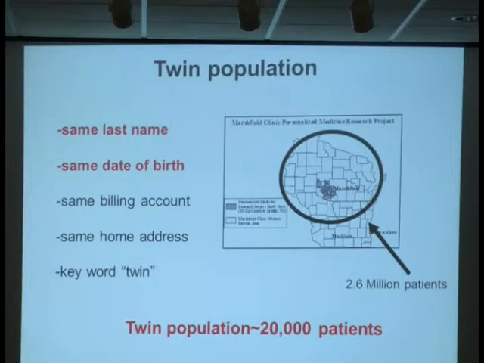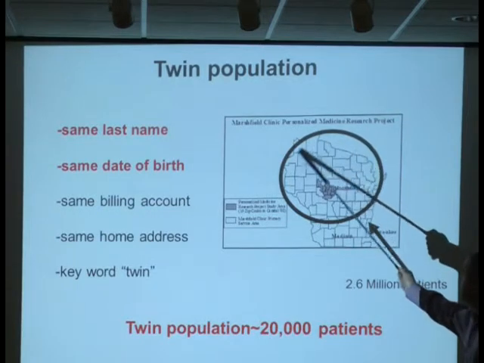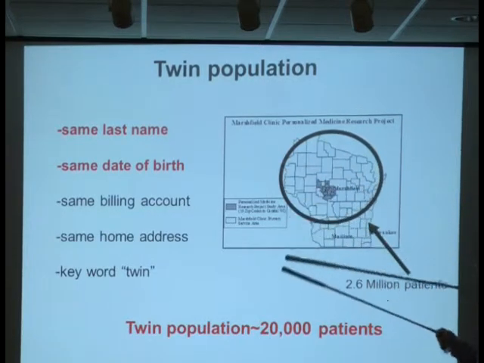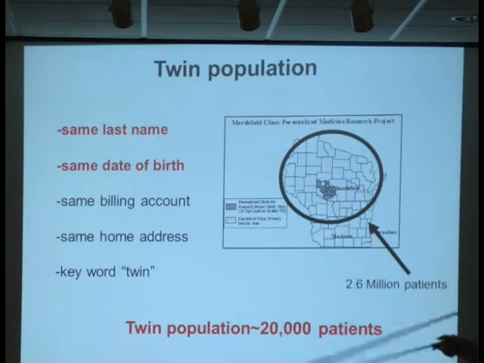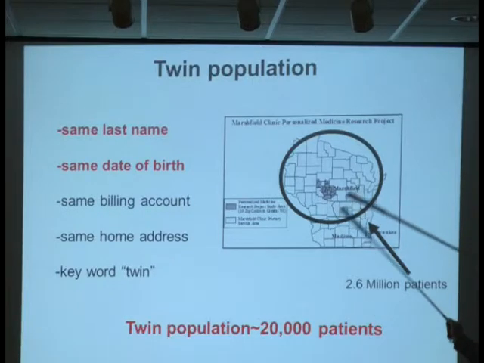So I showed you this map before. Marshfield Clinic sees this region. We have not a complete monopoly, but a fairly good monopoly, about 50-some clinics throughout this region. In our system, we have 2.6 million patients within our electronic medical record system. Now, I can use this information to identify twins. Some of you that don't know me, I'm actually a twin myself. And what characterizes myself and my twin sister, and for most twins, is we are born on the same date.